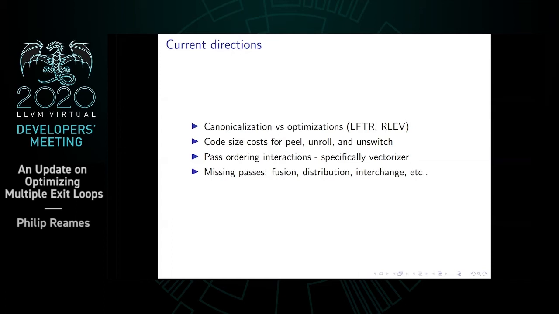The general strategy still remains to try to eliminate them where possible, but as a fallback, be able to peel or unroll or otherwise perform the transformations of the loop that we would like to, as if we'd optimized away the multi-exit loops and then come back to it and handled them afterwards, or at the very least produce code that's not absolutely terrible. That's where we are today.